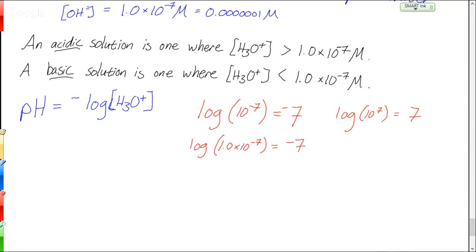But if your hydrogen ion concentration was something like one of the examples in the book, 6.5 times 10 to the minus 5, and you want to know the pH of that, you go negative log of 6.5 times 10 to the minus 5, and your pH is 4.187. So that works.